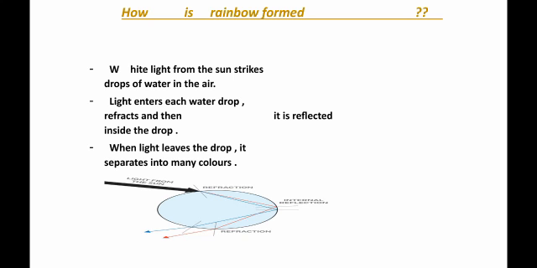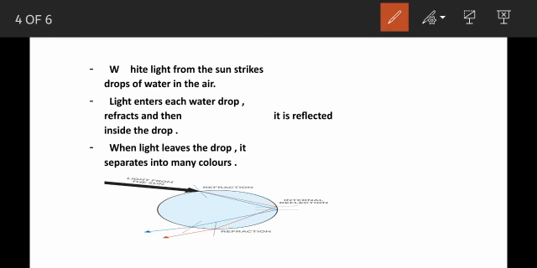And when white light from the sun strikes the drops of water in the air, of course the light will pass between two different materials, so it will refract. As we see in this part, light enters each water drop, so it refracts. In this part it will bend and refract.